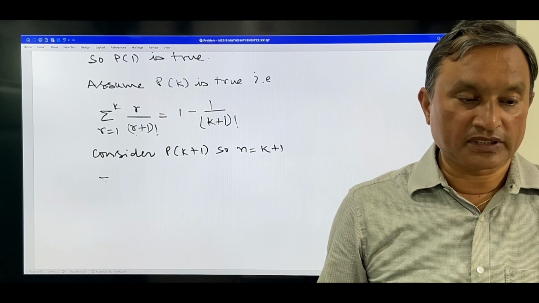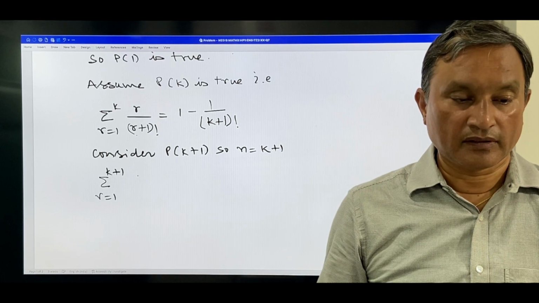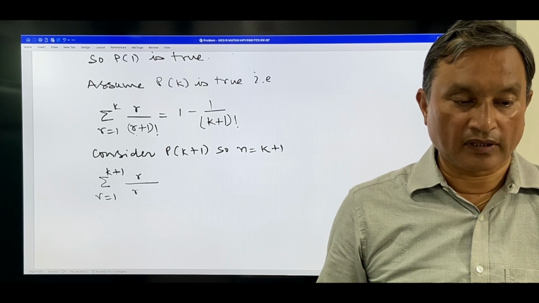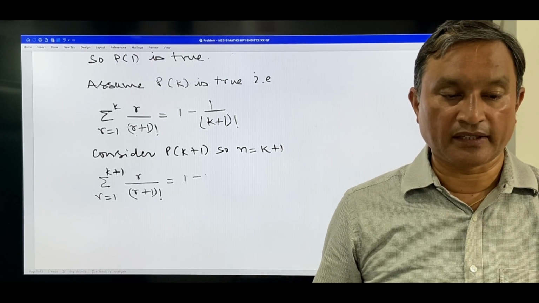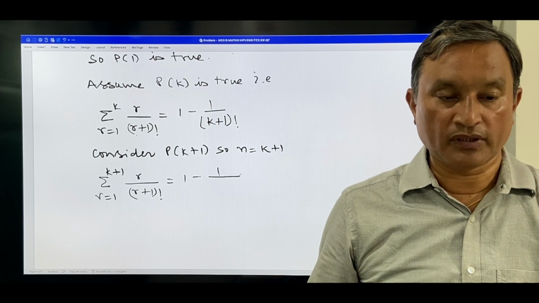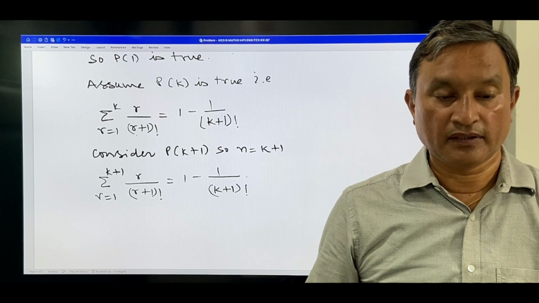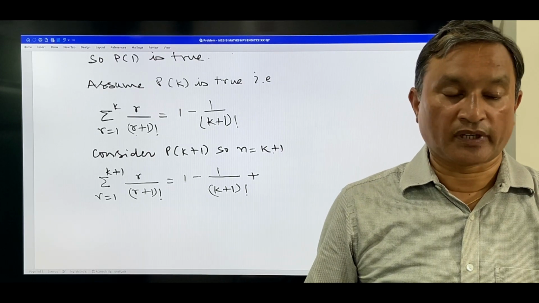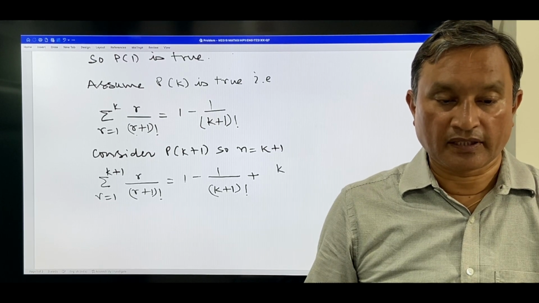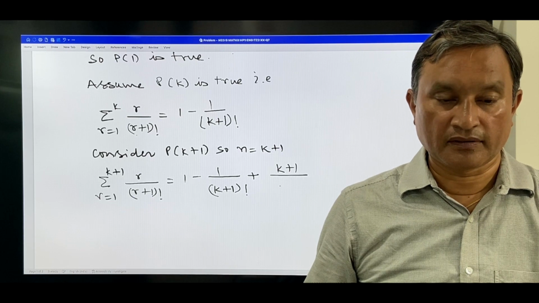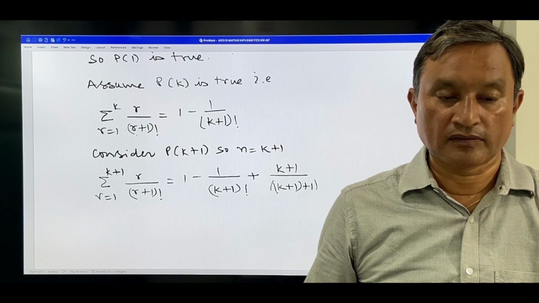So summation r equals 1 to k plus 1 of r upon (r plus 1) factorial equals 1 minus 1 upon (k plus 1) factorial plus, so the k plus 1 value we will substitute here, that is (k plus 1) upon (k plus 1 plus 1) factorial.